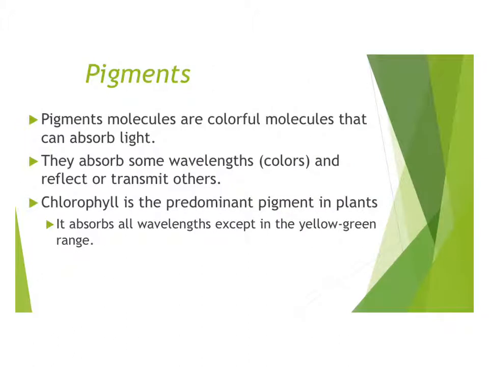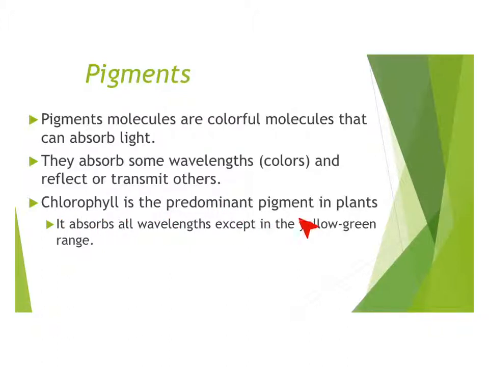Now, plants have these molecules called pigments that are colorful. The pigment by nature is colorful, and they absorb different wavelengths of light. So they absorb some, and we can think of that as some colors, and then they're going to reflect or transmit other colors, other wavelengths.